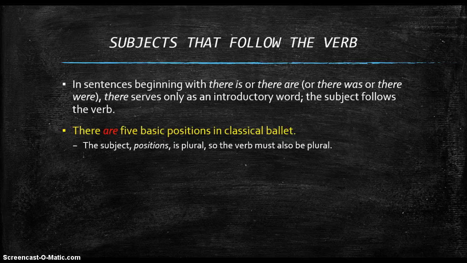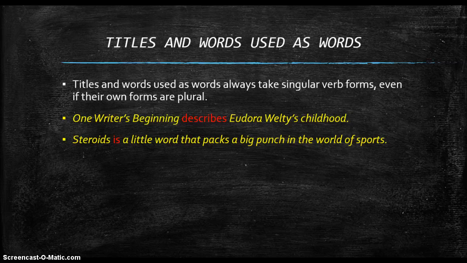Look at another example. There are 5 basic positions in classical ballet. This is a sentence that begins with there. When you have there is, there are, there was, there were, there is only there as an introductory word. The subject is going to come after the verb. So in this sentence, the subject is positions. That's plural, so we also have to have a plural verb.